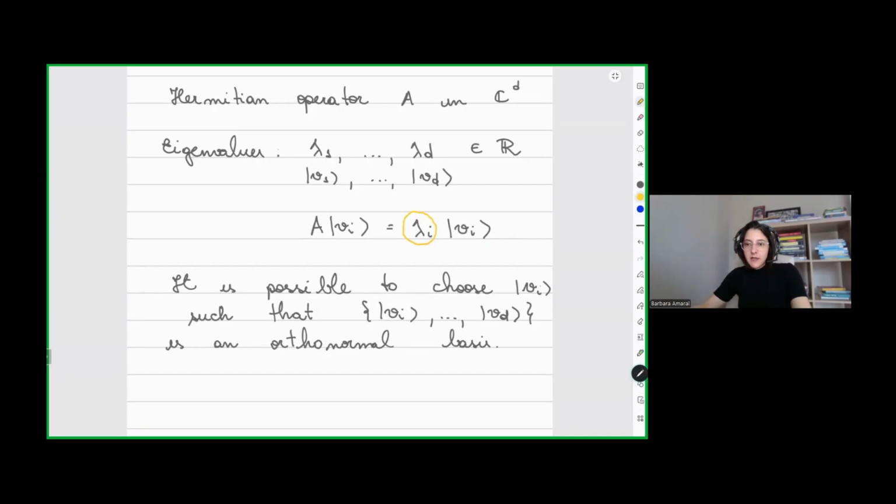They have important physical significance. So for example, if A is the energy, the Hamiltonian of the system, the lambdas are the possible energies of that system. So the differences between the lambdas are the differences in the energy levels. And this is really, really important when you're studying that system.